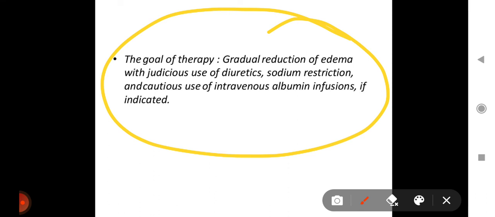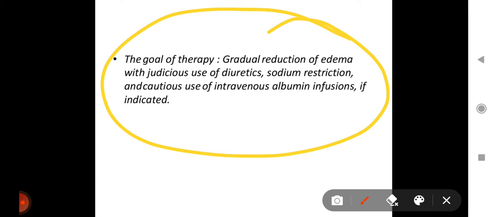So you guys have already seen in clinical practice that we don't use diuretics in nephrotic patients with edema, only if there is severe distress or massive effusion or massive ascites leading to respiratory distress, or the edema is refractory to corticosteroid therapy, then only we will start with diuretics. Sodium restriction is advised, but not strict restriction.